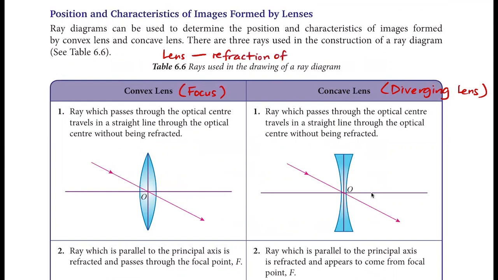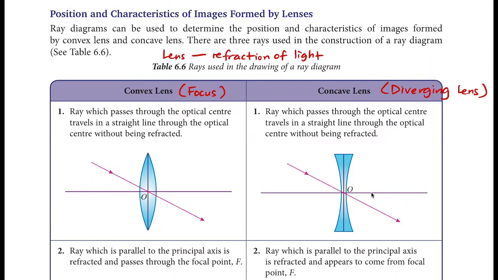Refraction of light: depending on the surface of the lens, the light will bend. So the first rule is the ray of light passes through the optical center, and because of that, it will not be refracted.